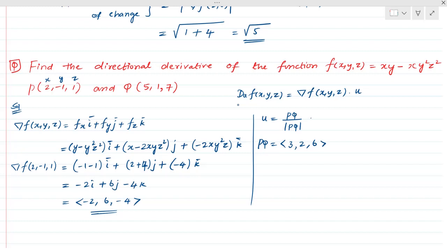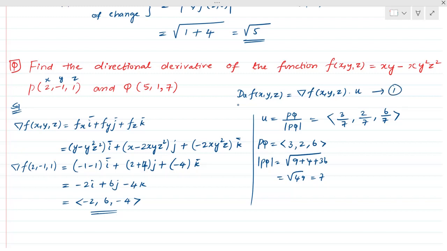Now the magnitude of this is 9 plus 4 plus 36, which is 49, so the magnitude is 7. So the unit vector is 3 over 7, 2 over 7, 6 over 7. This is equation number 1.